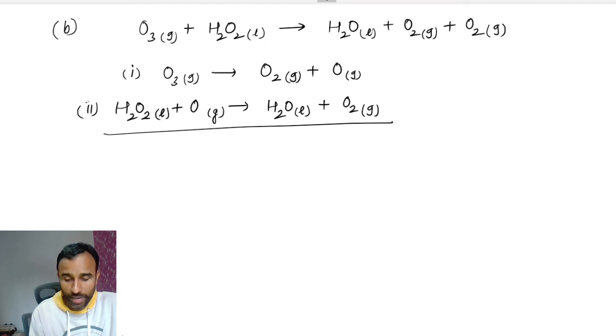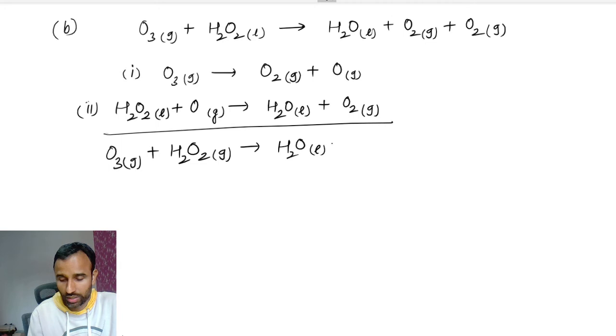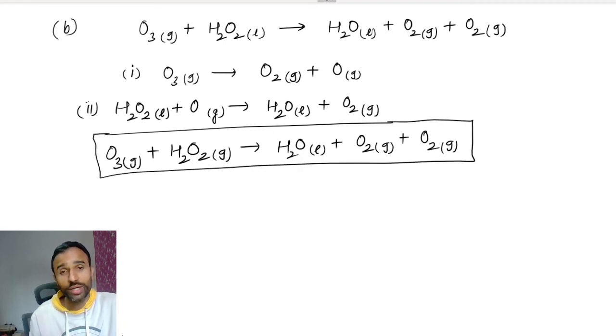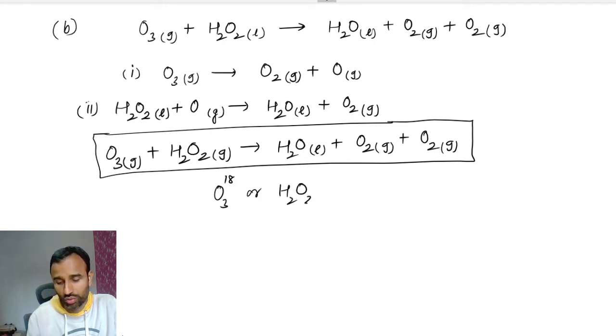That's why it is better to write it like this. It simply indicates that two O2 molecules are produced, but one in each reaction. And this can be predicted by using O3 with O-18 or H2O2 with O-18.